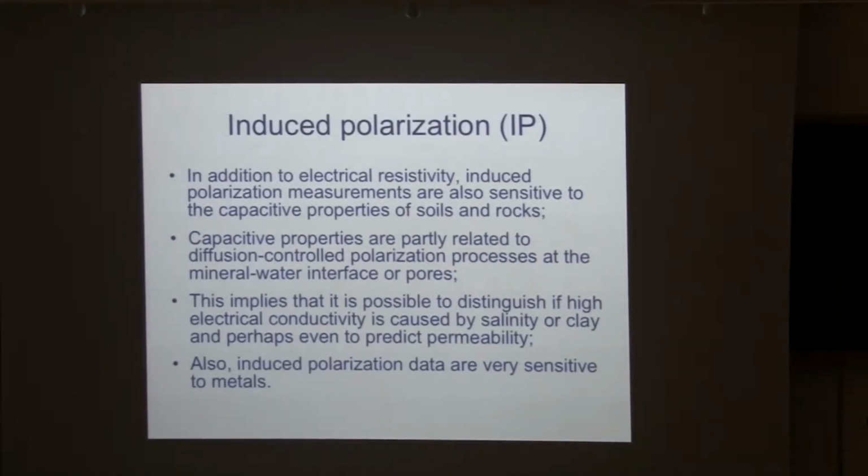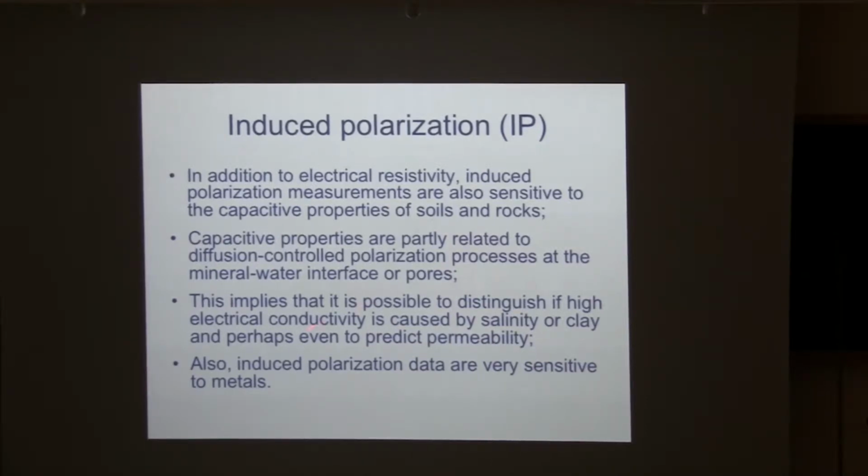Induced polarization is adding some information to this, because in addition to looking at the conductive properties of the subsurface, you're also trying to say something about the capacitive properties. So basically the ability of a soil to store charge. They can be related to polarization at the mineral-water interface or in pores. I think that's Andrew Huseman and probably Andrew Binley. They will both talk more about this later on.